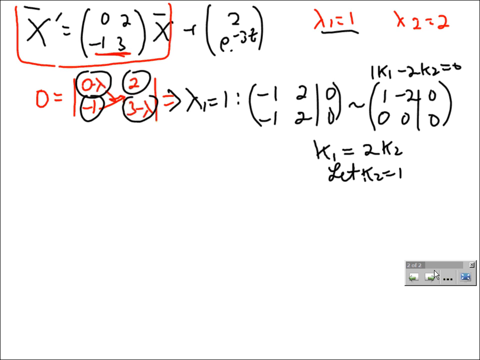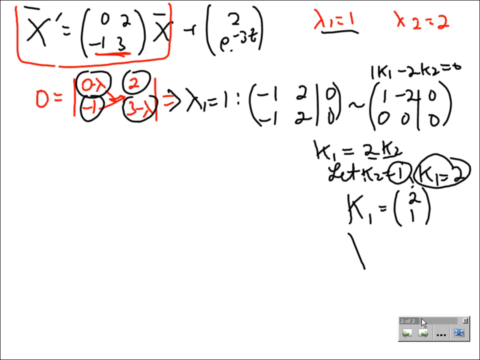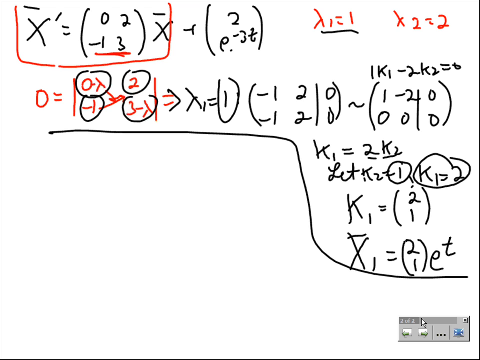And if I let k2 equal 1, then k1 is equal to 2 times 1, 2. So vector k1 is 2, 1. So x1 is going to be 2, 1 e to the lambda, which is 1, t. 1t is just t. I'm going to leave it like that.